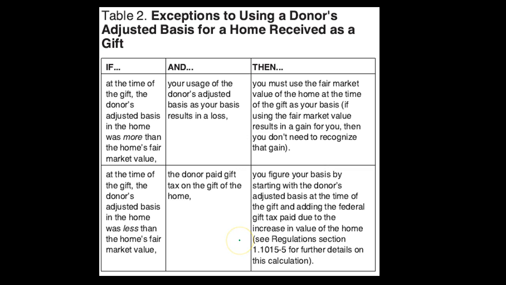If that's the situation, you want to see regulations section 1.1015-5 for further details. Again, it's an unusual type of situation, gifted and gift taxes were paid. If that applies to you, then you want to look at further information. This is the regulation to take a look at.